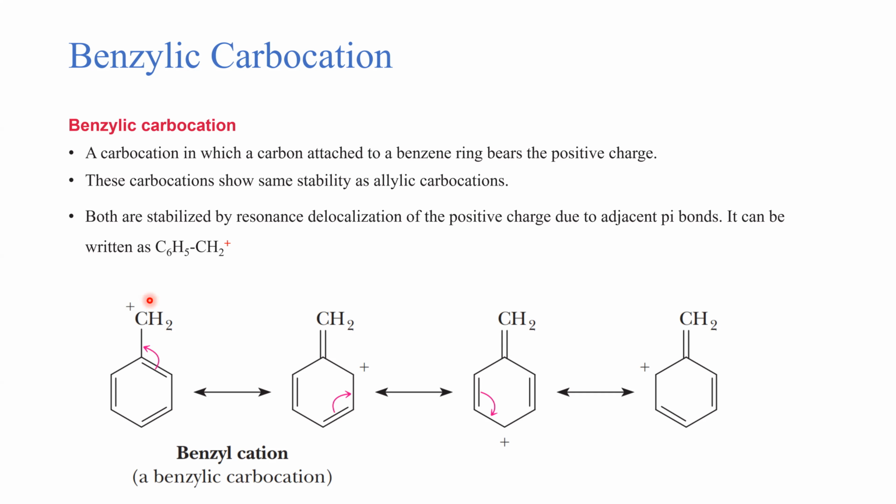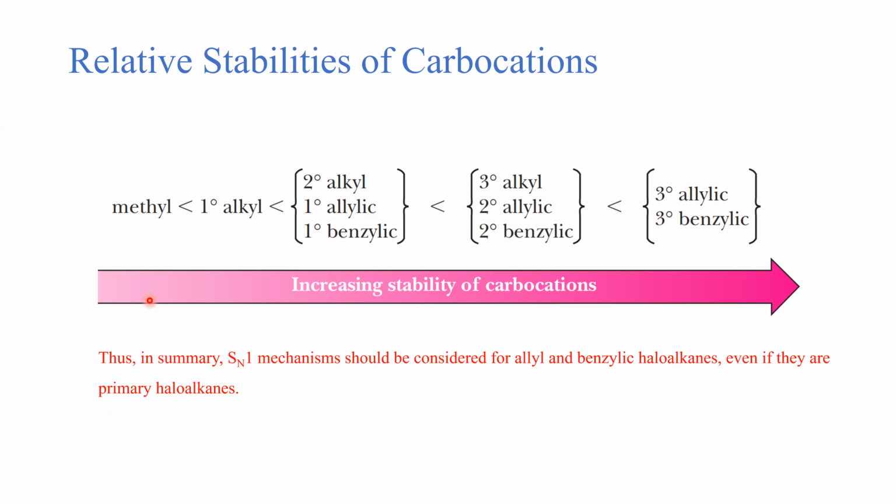Now we will compare where the benzylic carbocation and the allylic carbocation stand, along with the alkyl carbocations, and see where they stand if we compare these three cases of carbocations. So these are the relative stabilities of the carbocations.